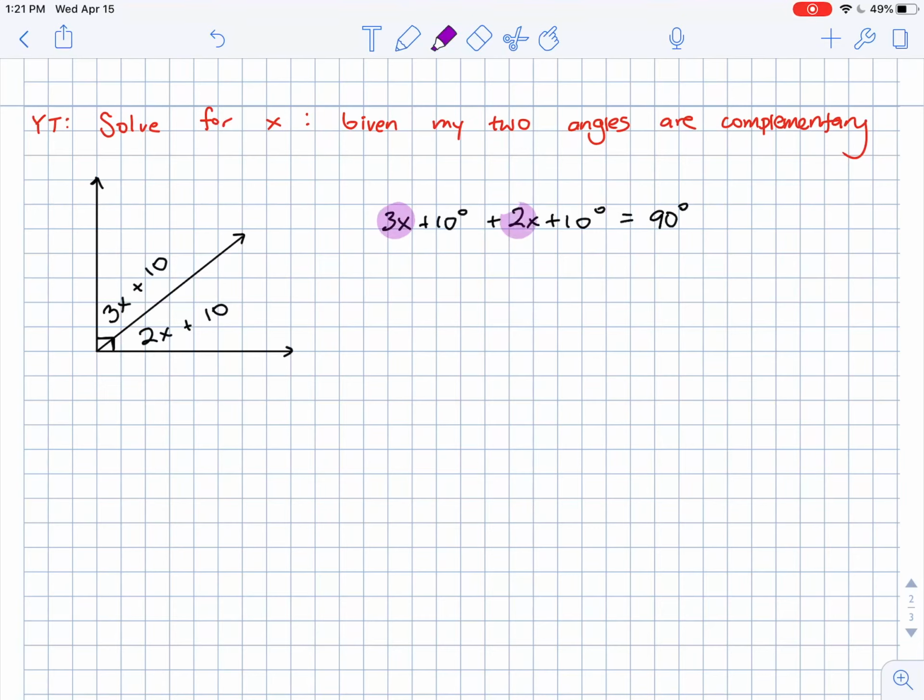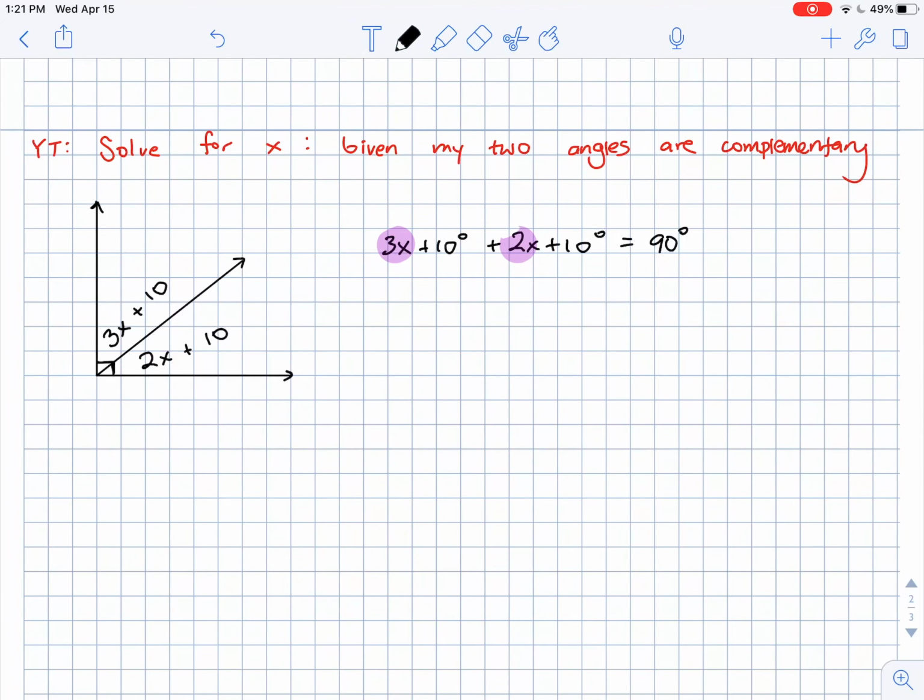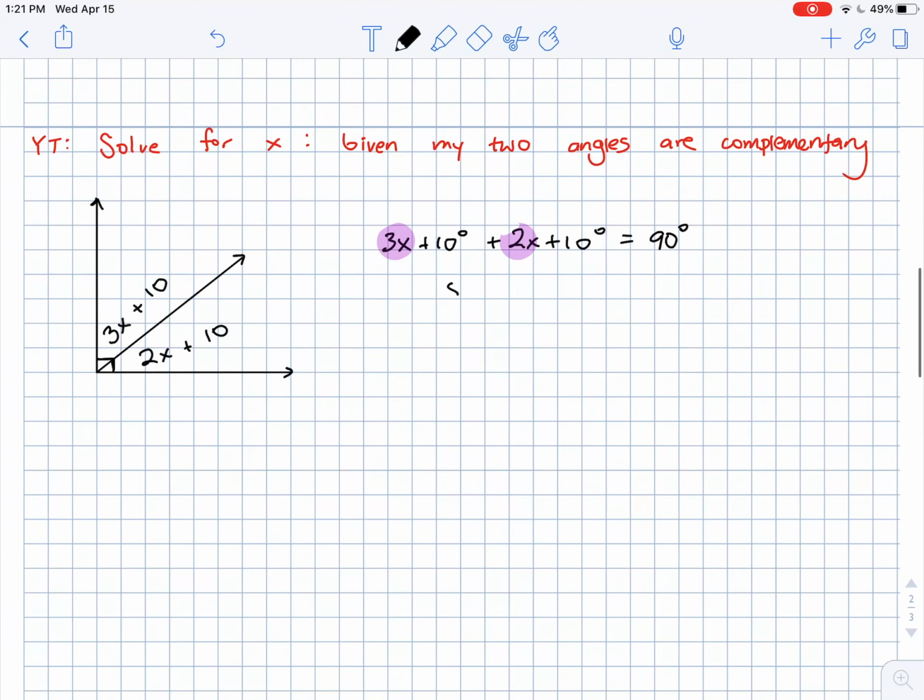So first step, combine like terms. 3x plus 2x equals 5x. 10 plus 10 equals 20. Okay. Solving for x, minus 20 degrees on both sides. 5x equals 70 degrees. Divide by 5. X equals 14 degrees.